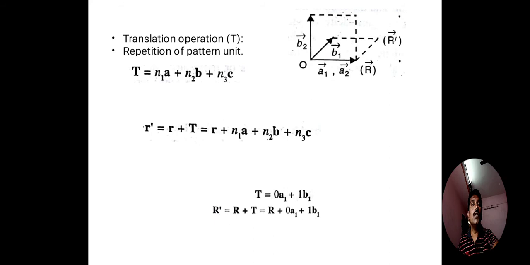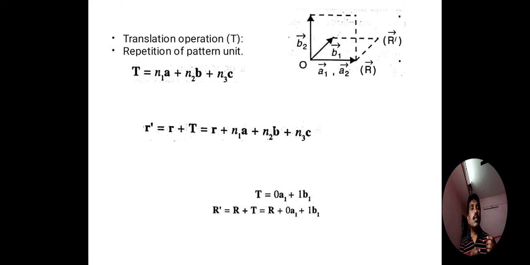And here, looking at another case, there are translation operations. Here the repetition of the pattern unit, the group of atoms, continuously goes on. At this stage vector A and vector B, O is your origin, the first atom, and another atom is at A1, and another atom in another direction is B1.